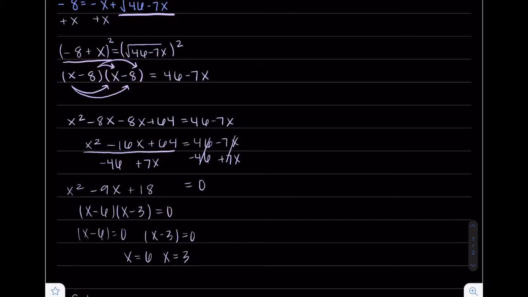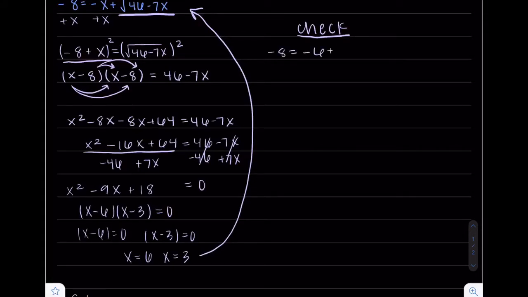But now we can't forget to check our answers, so let's do our check up here. Remember, we're going to plug them back into our original equation, this one all the way up here. So to check 6, we're going to do -8 equals -6 plus radical 46 minus 7 times 6. This you can just throw into your calculator.